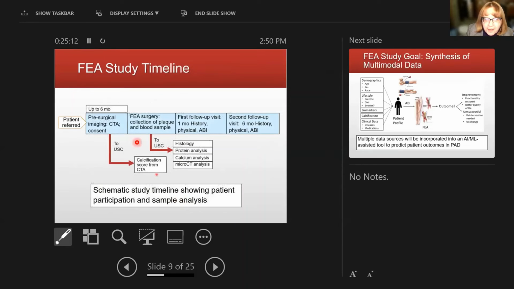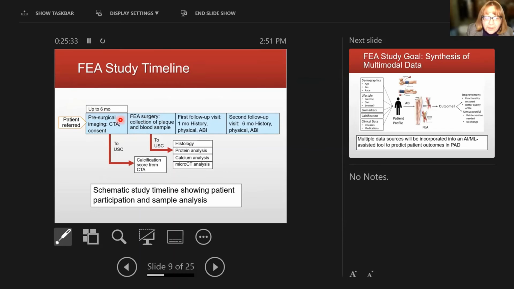The timeline for the study is shown here. Patients are referred to the vascular surgery clinic at Prisma Health Midlands. If they have not already undergone a CT scan, they will undergo it there, and then they're consented into the study.